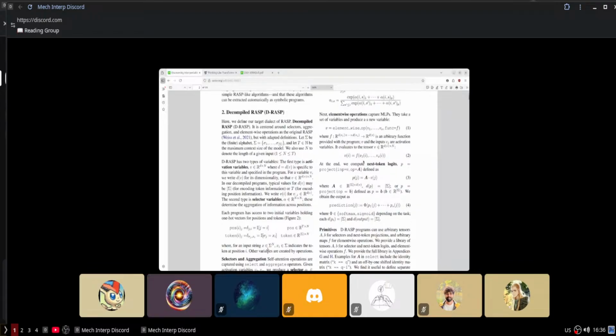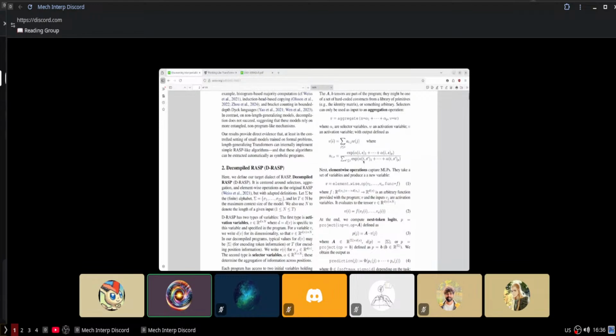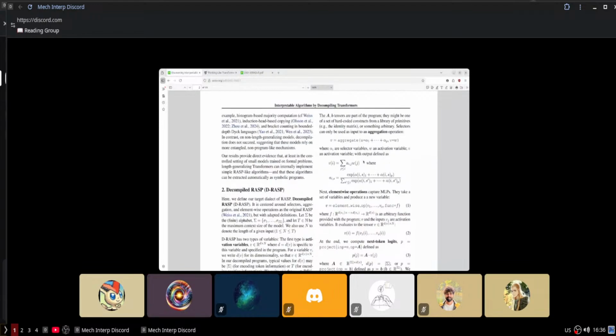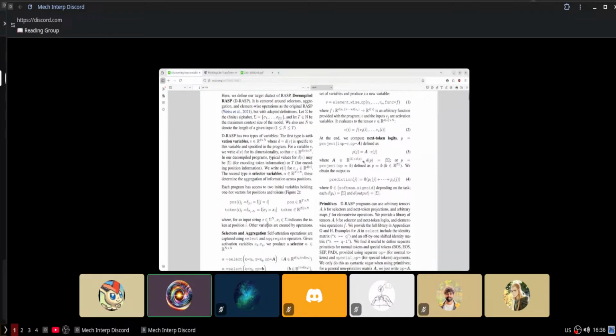Token is: if the symbol j from the alphabet equals xi. In this context, xi is just a vector from the transformer. Or no, the input string. They write it later.